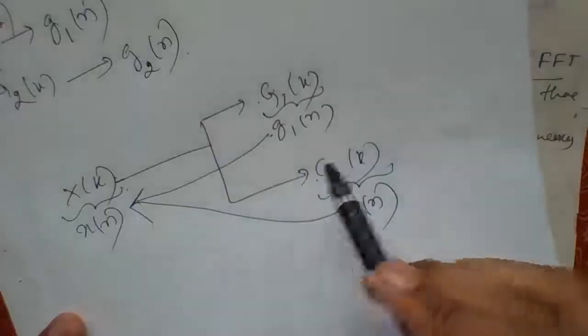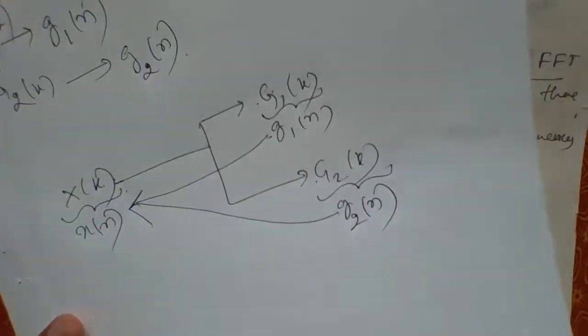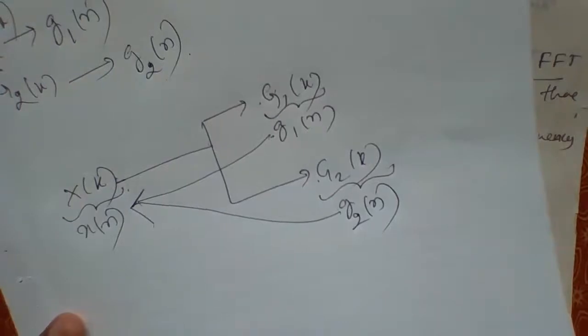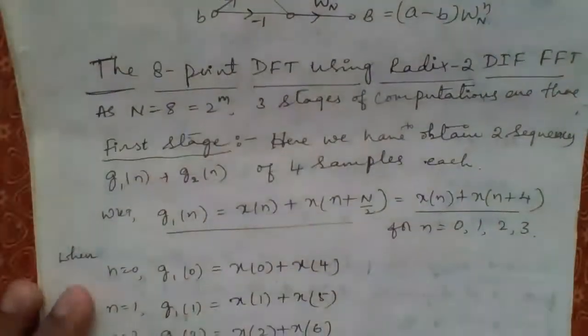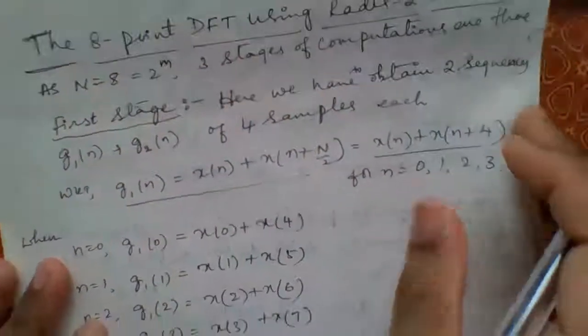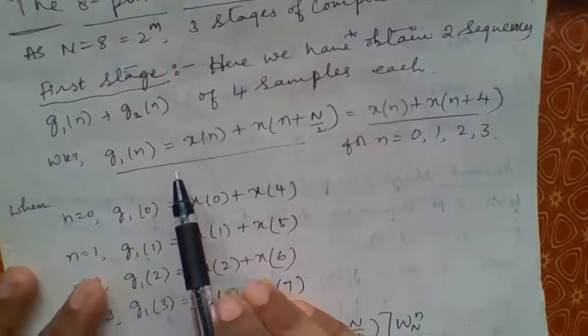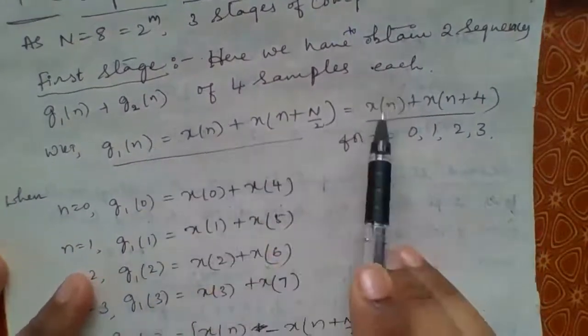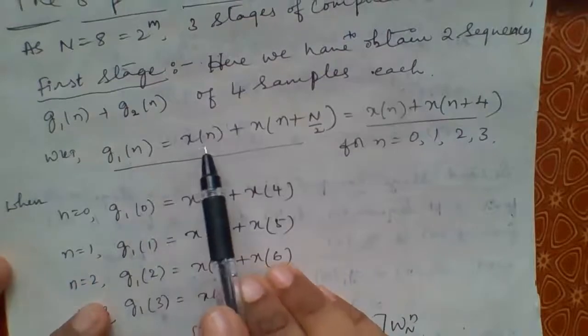Now in this stage, we are drawing the signal flow graph through the set of equations. First we will see what is done in the first stage. In the first stage, we first obtain G1 of n and G2 of n. What is G1 of n?